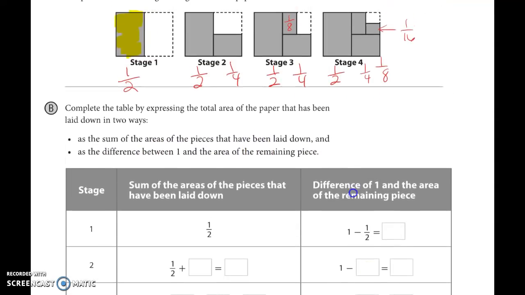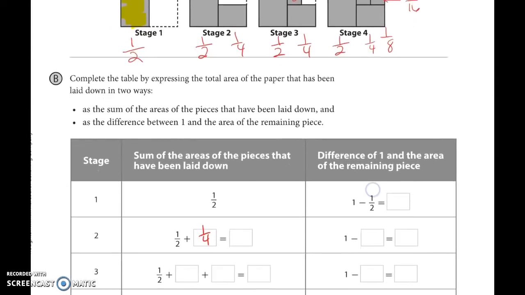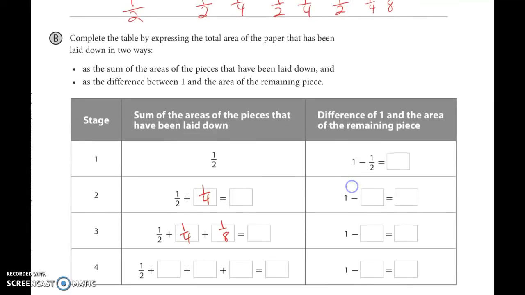So what they're talking about is this first picture was just a half. This second picture was a half plus a fourth. The third stage was that half plus a fourth plus the eighth. And that fourth stage was the half plus the fourth plus the eighth plus the 16th.